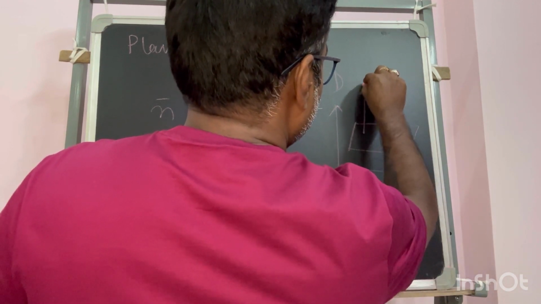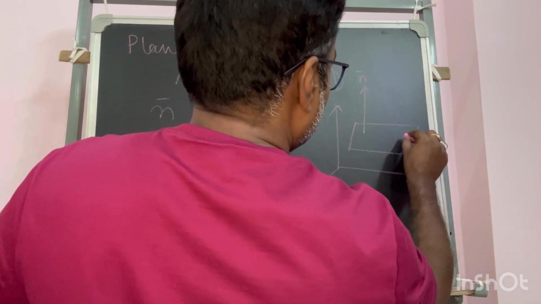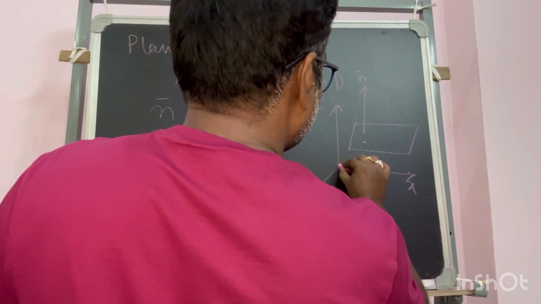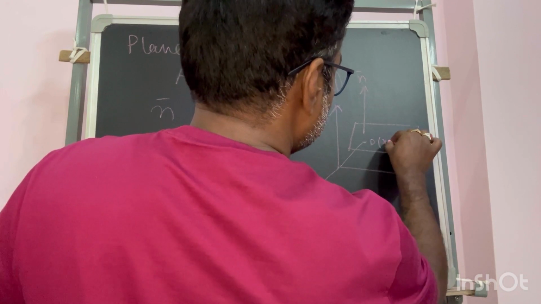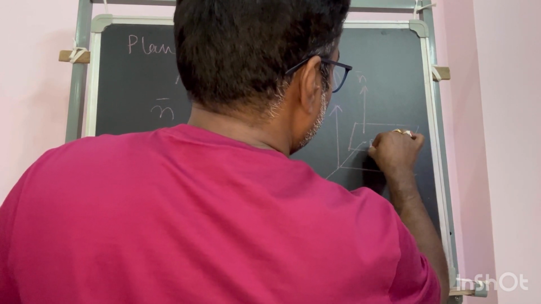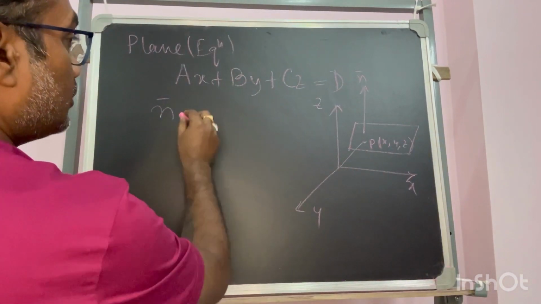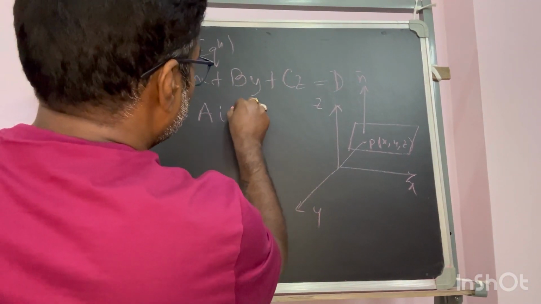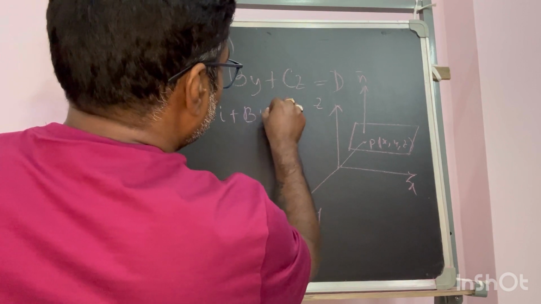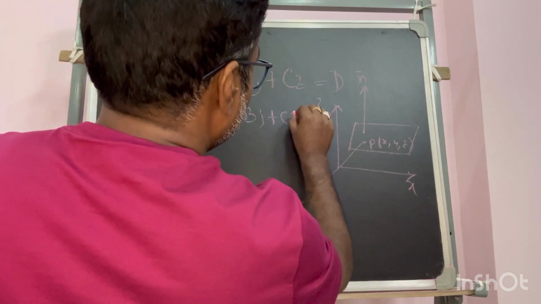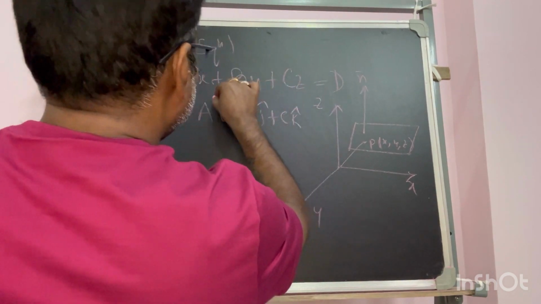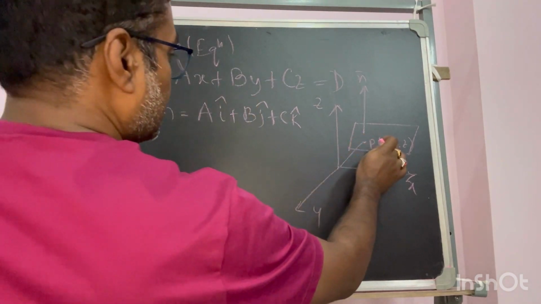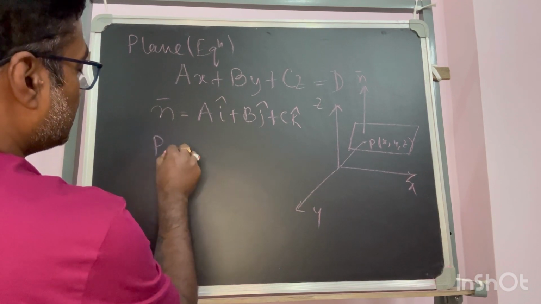This is the normal drawn on that plane, and any position vector, let's say p, is (x, y, z) on the plane. The normal vector is given by ai + bj + ck.